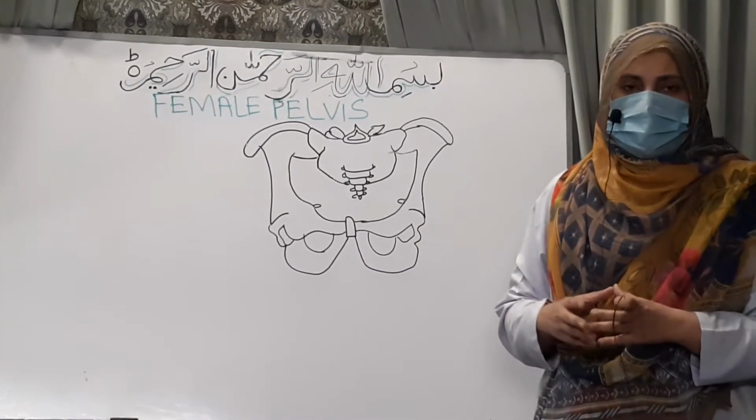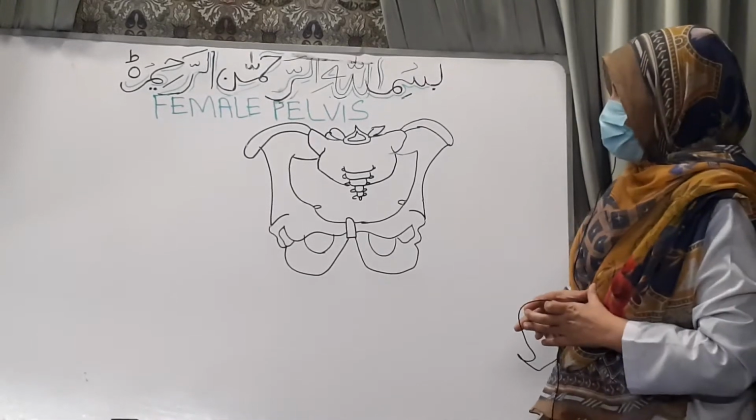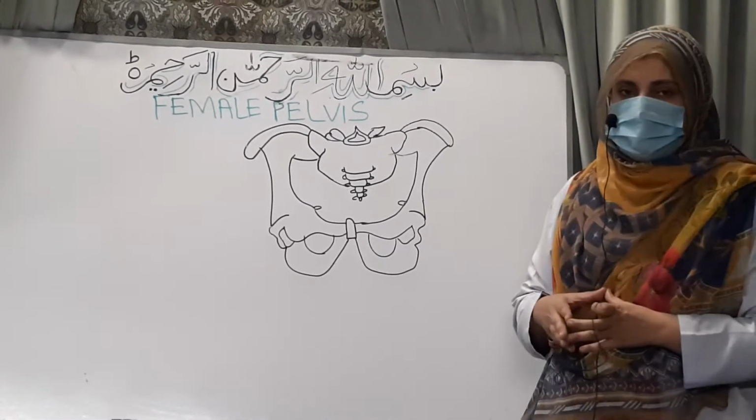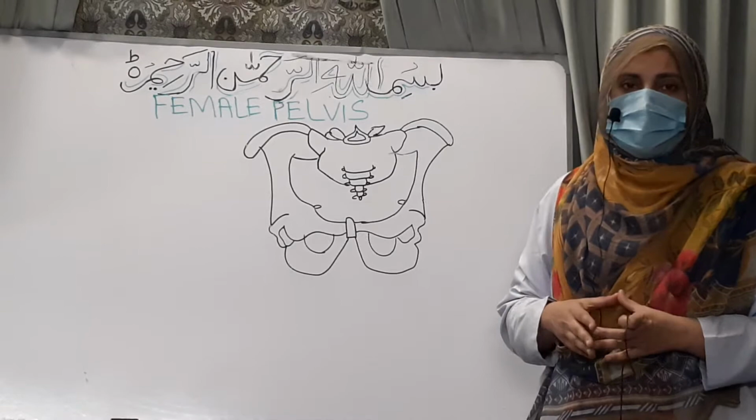Structure of the female pelvis, bony structure of the female pelvis. The female pelvis consists of three major bones.